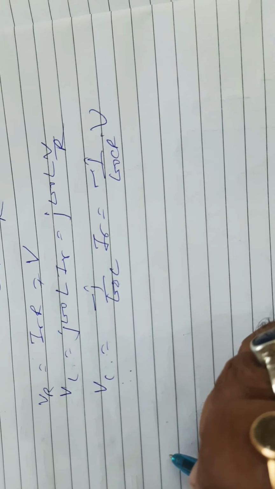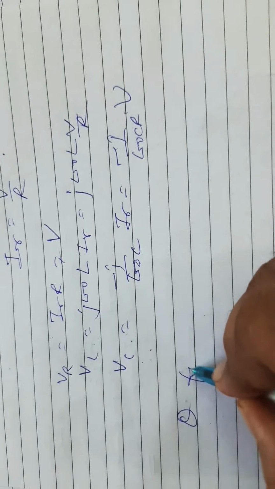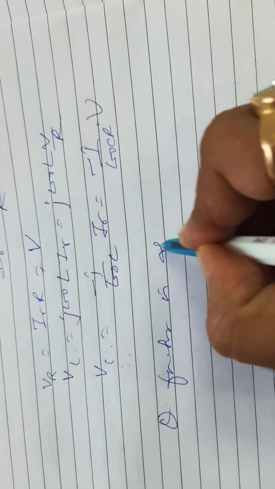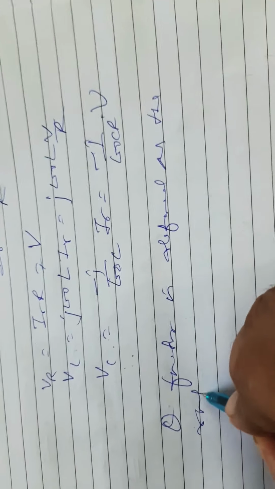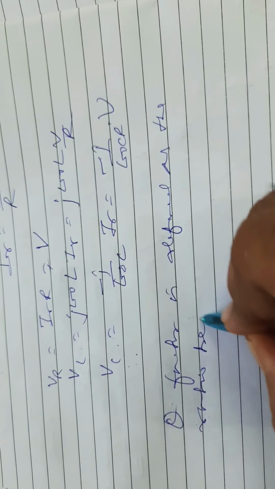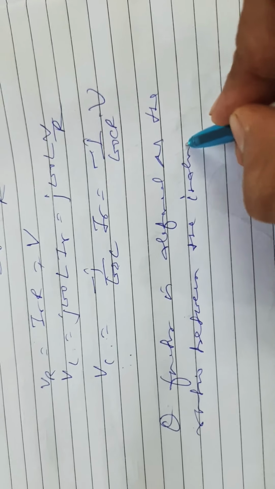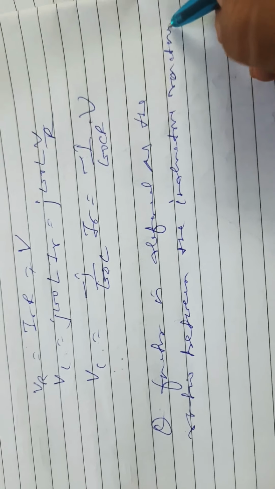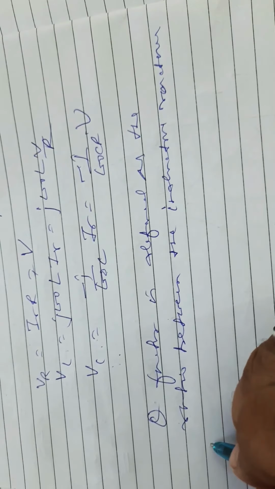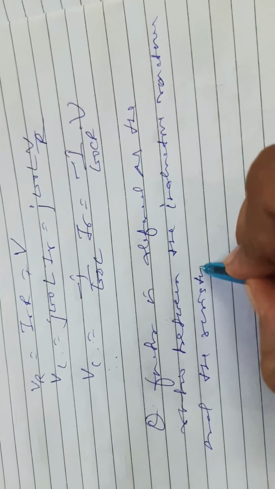Now talking about the Q factor, the quality factor of the resonance circuit is defined as the ratio between the inductive reactance at resonance and the resistance of the circuit.